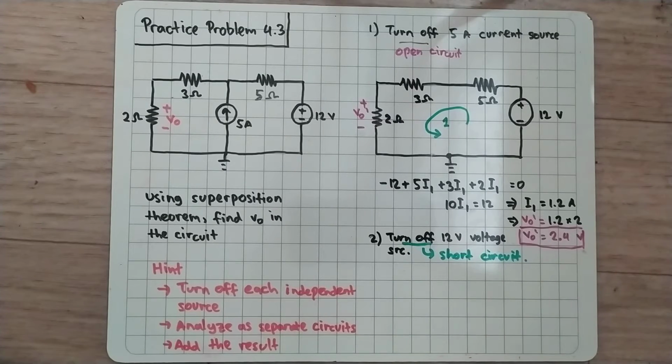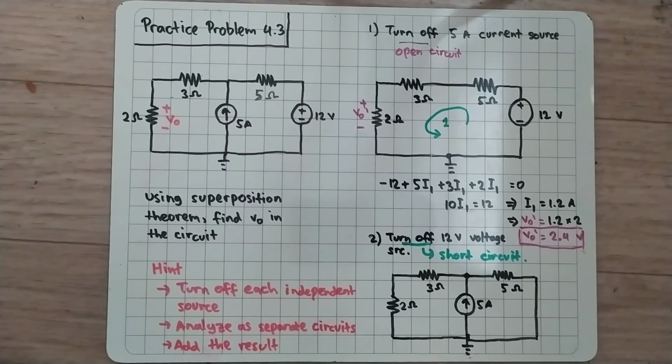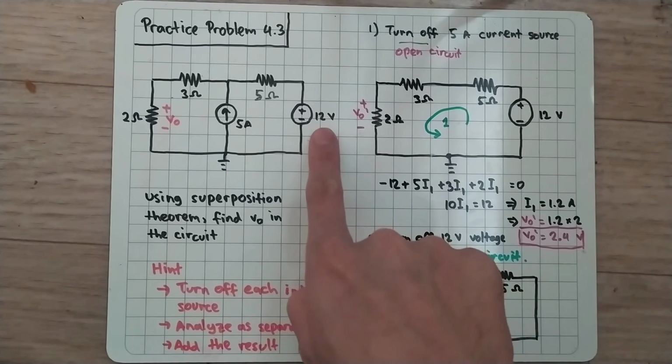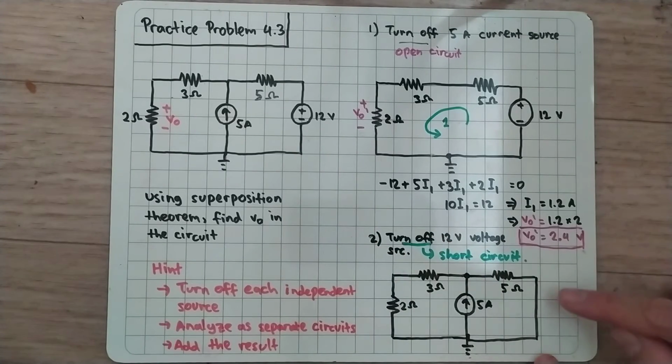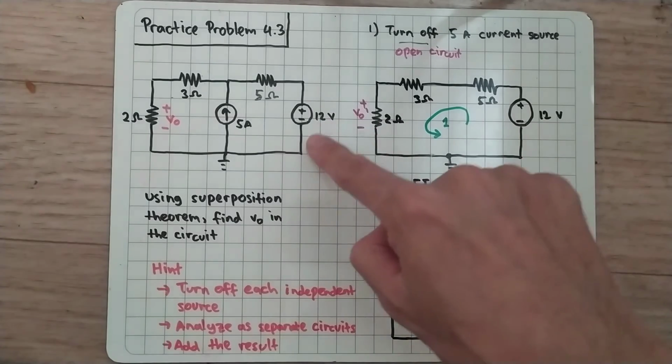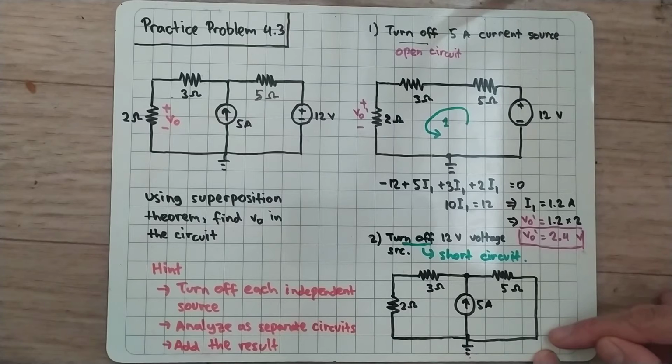Okay, let's draw that. Okay, let's continue. I have drawn the circuit here. Now that we have turned off this 12-volt voltage source, which is the same as replacing that with short circuit here. So this is 12 volt, this is short circuit.